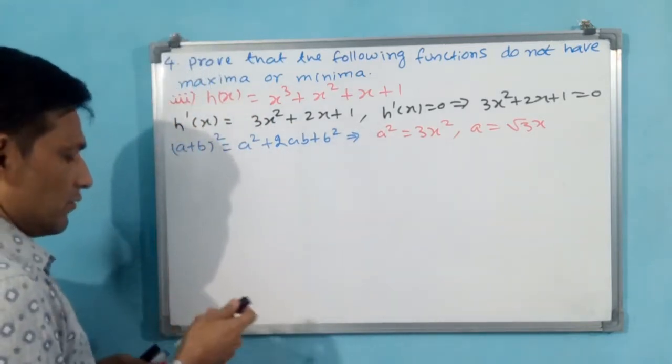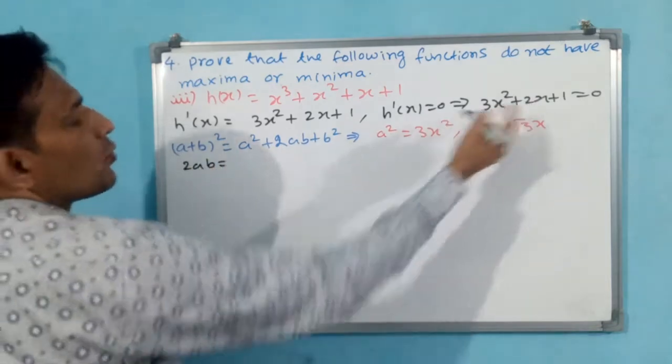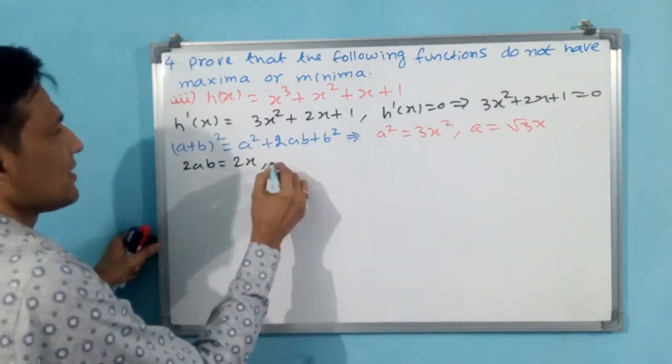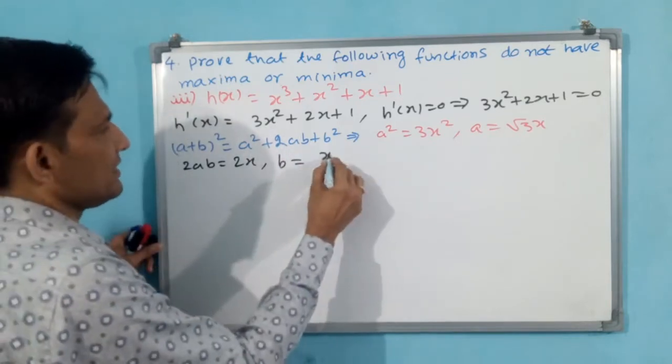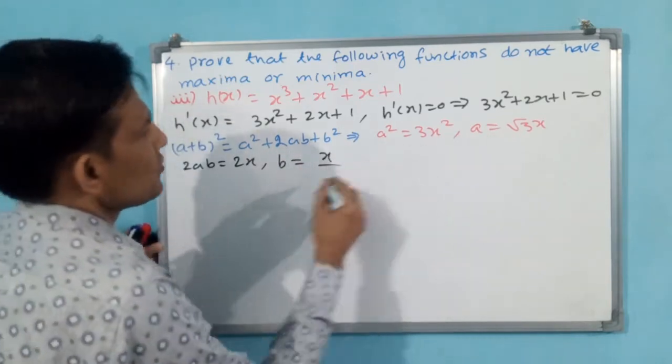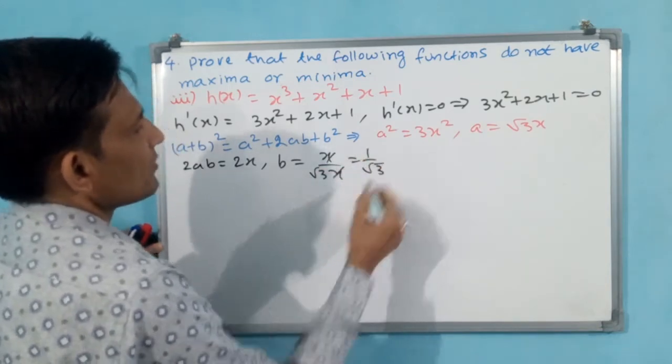Then 2ab is equal to 2x, so b is equal to 2x by 2a; the 2 gets cancelled and x by root 3 x is 1 by root 3.